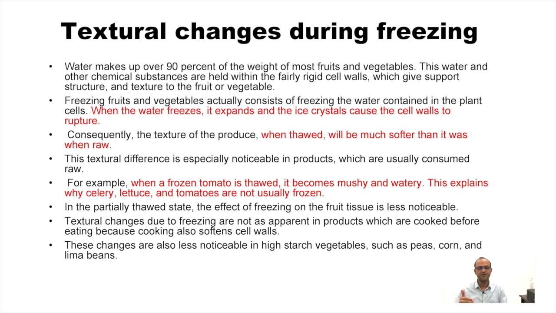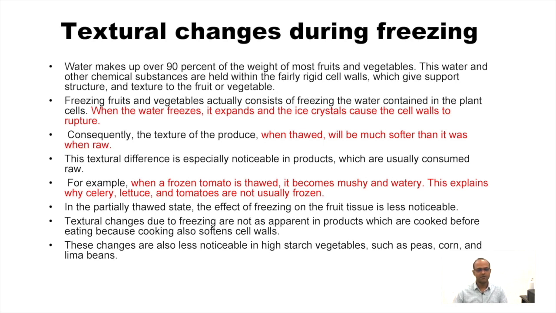With instant freezing or very rapid freezing, the size of the particles will be very small and they will not rupture the cell. So the texture would be good after the thawing process. As I have already explained, cell wall rupture happens because of slow freezing, so a difference in texture is observed once the product is thawed or consumed.